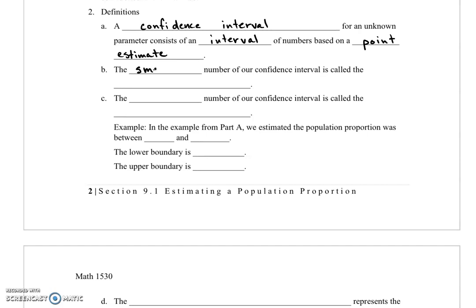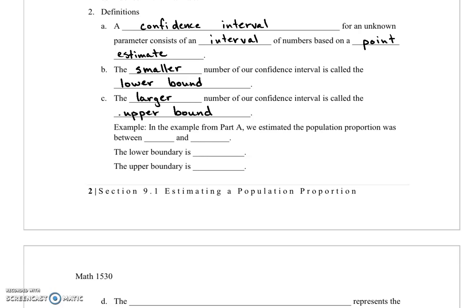The smaller number in our interval is called the lower bound. And the larger number in the interval is what we call the upper bound. This terminology should be familiar from Chapter 7 and Chapter 8. It's the same terminology we use for discovering the edges of our area when we do probabilities under a normal curve.